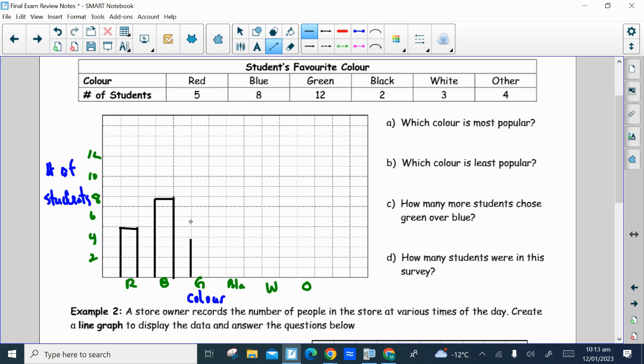Green was 12 students. Black, only 2. White was 3. And other was 4.